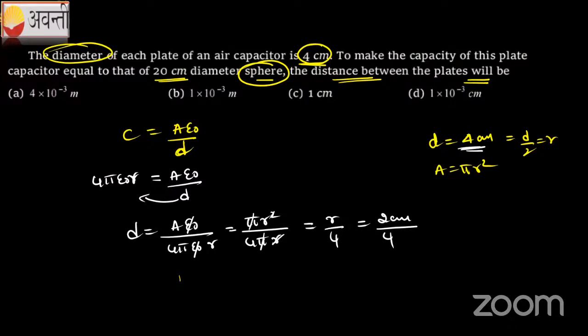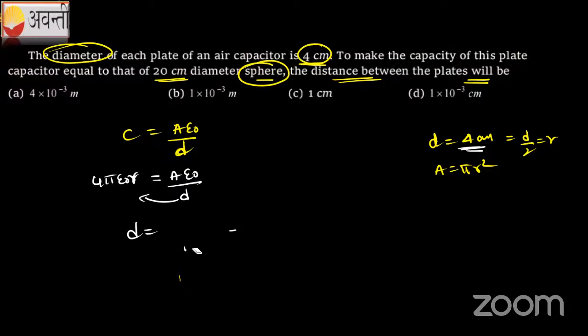Yes, we did wrong here. Just a minute, guys. Sorry for that one. R square. This is R. 4 pi epsilon naught. Where we did a mistake. Cross check it once. Actually, we will get an answer D. D है correct answer. Cross check करो. If I did any mistake means. Same ही था ना equation तो सब कुछ.